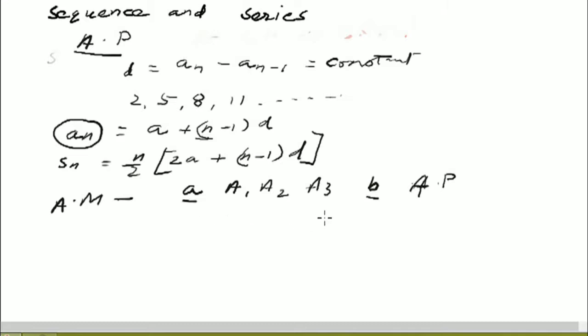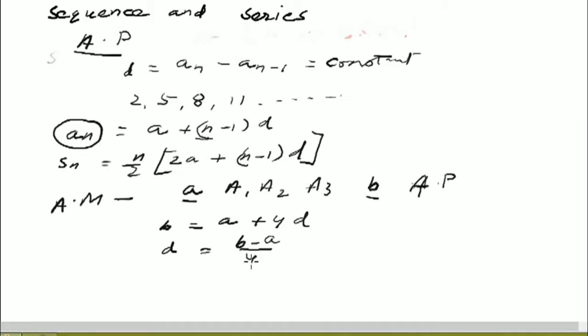For the fifth term, B can be written as A plus 4d. A is the first term and d is the common difference of that AP. We can now get the value of d very easily, which is B minus A by 4. Now we got the value of d.